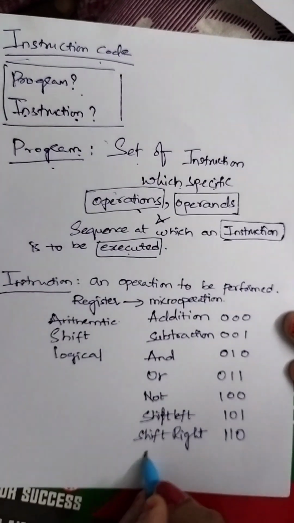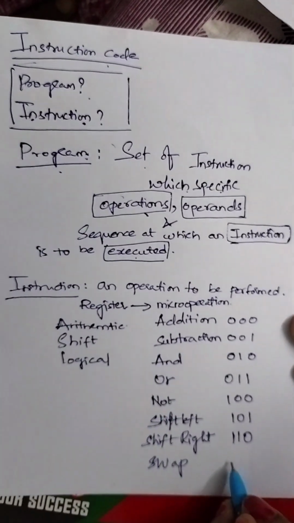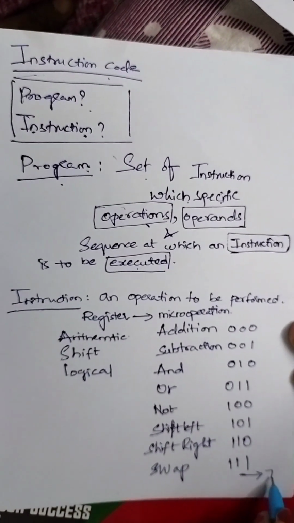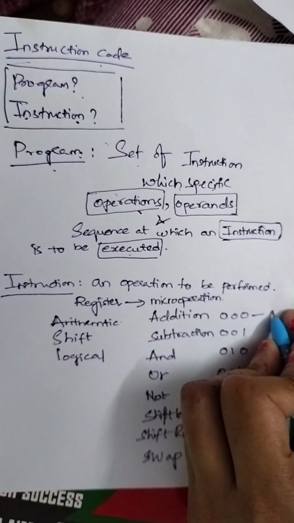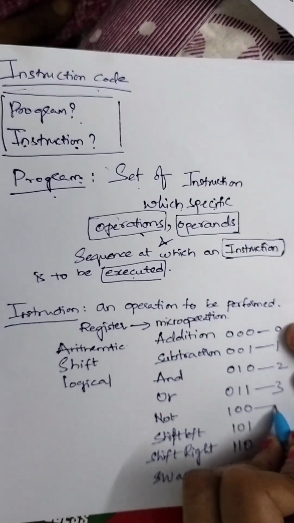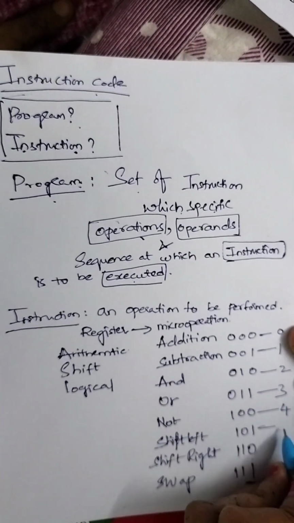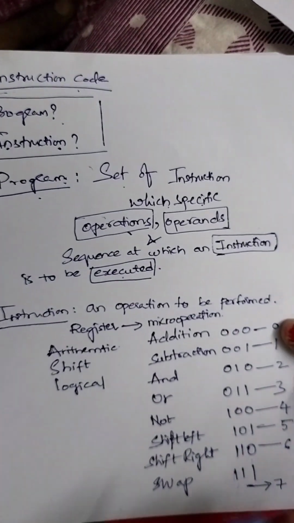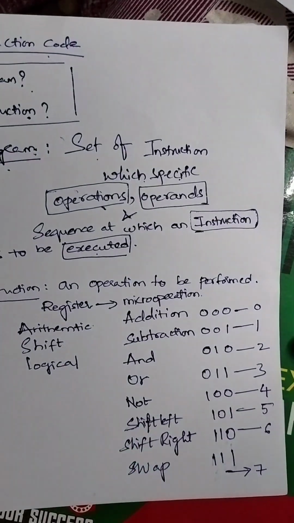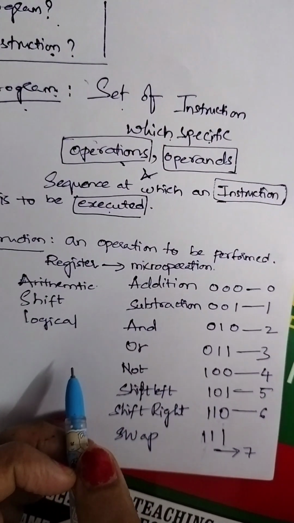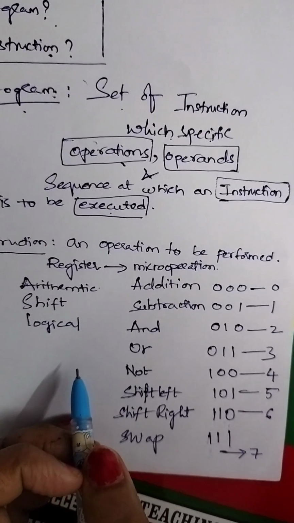Then swap is triple one, which means 7. This is 0, this is 1, this is 2, this is 3, this is 4, this is 5, this is 6 and 7. All these operations are executed by the ALU.